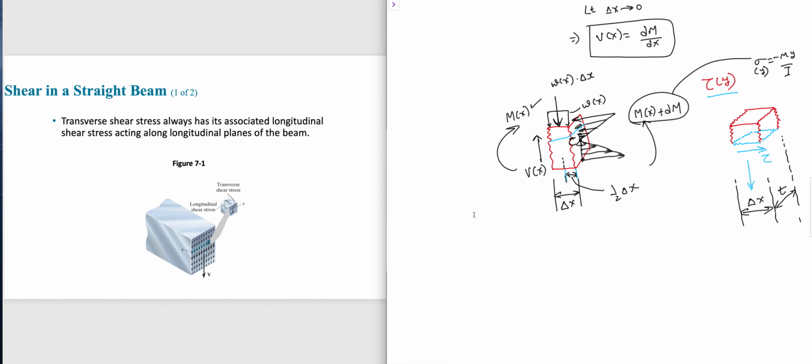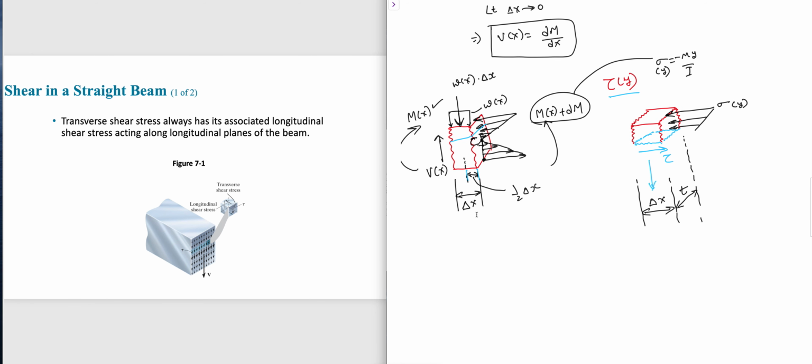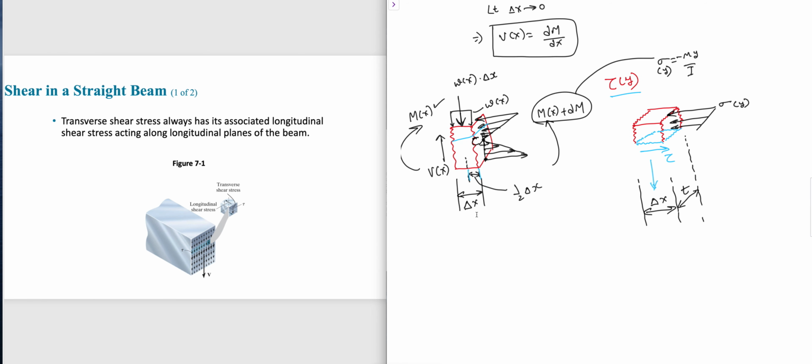So that is tau. And remember, this is sigma. This is sigma as a function of y. That means the sigma can be different at each point along y, right?